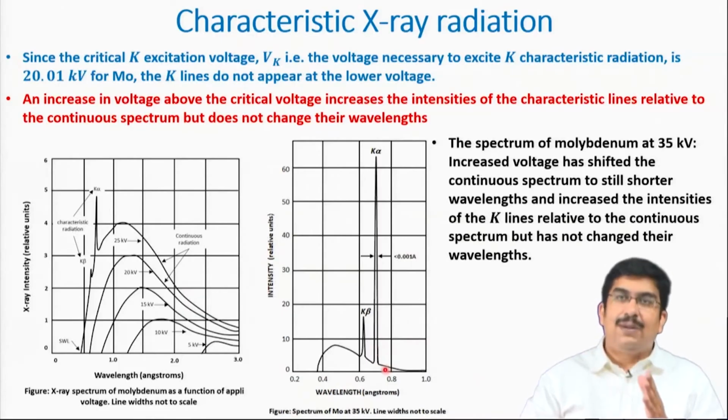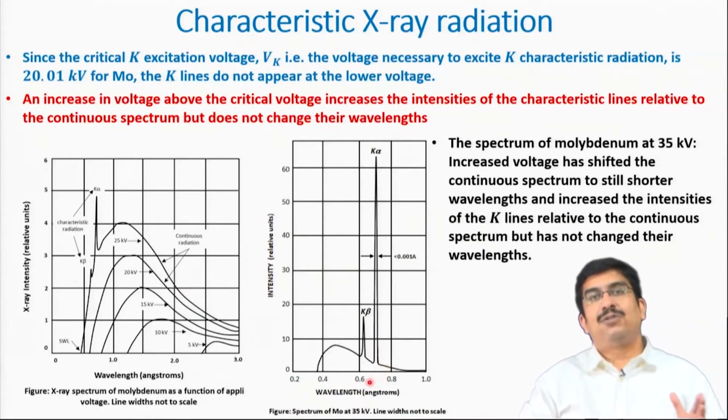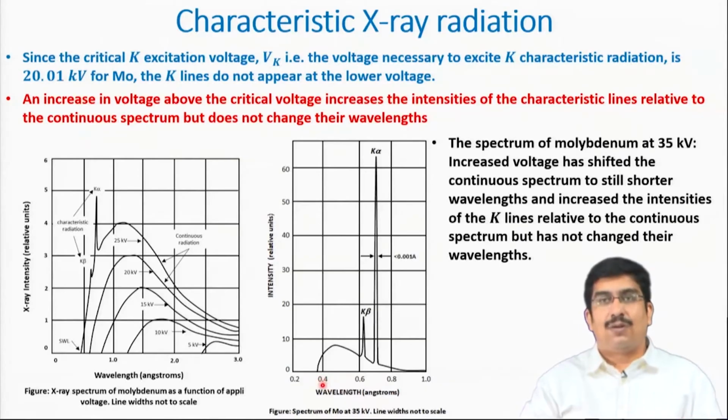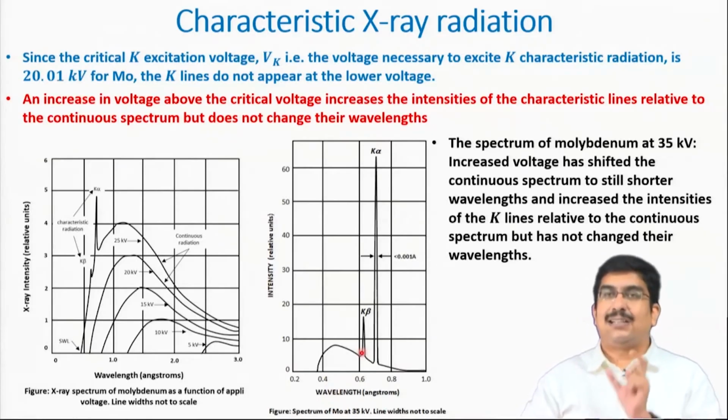The continuous spectrum will keep coming at lower and lower wavelength, but the characteristic X-ray will form exactly at the same wavelength. Whether you increase the tube voltage, it will not change. So if you increase the tube voltage from 25 kV to 35 kV, the K alpha line will form exactly at around 0.7 angstrom, and K beta around 0.6, as we discussed in the last class.